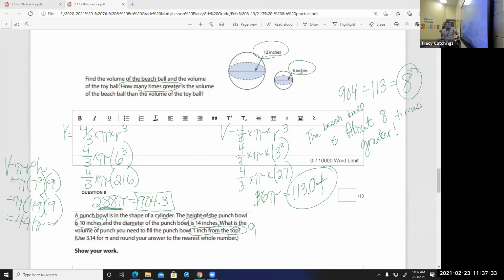They said use 3.14, so don't hit pi, use 3.14. The answer rounds to the nearest whole number, so I would say 1385, and don't forget cubic units.